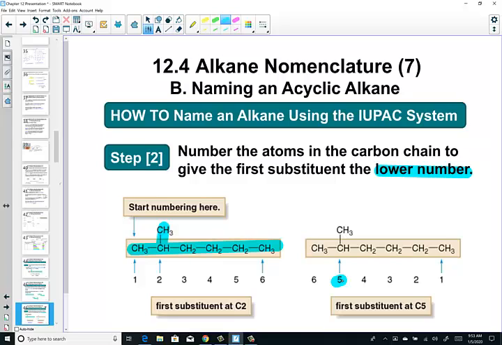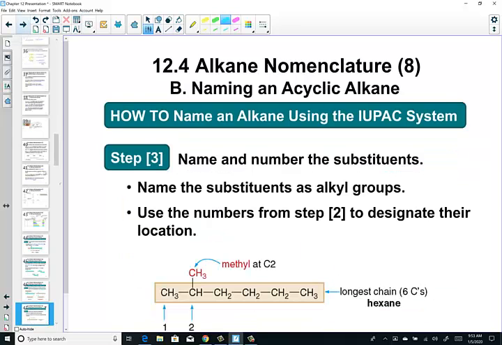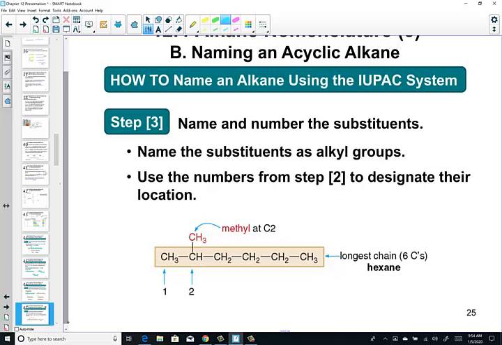The branching must have the lowest number possible. You may sometimes number from left to right to achieve that, and sometimes you number right to left to achieve that. But the goal is to find the longest carbon chain and number it to give any branching the lowest number possible. And the third step says, name and number the substituents.